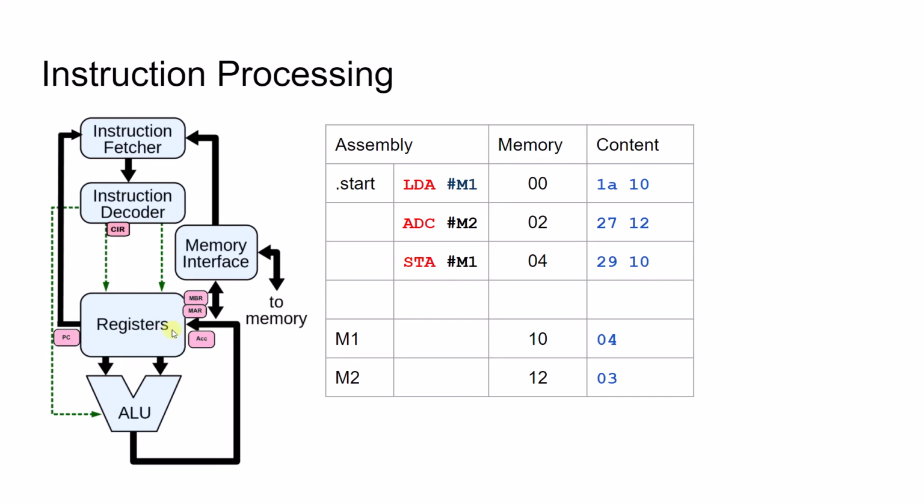So take the address 10, set that up as being the address register. And then when it comes into here, it says take whatever's in the accumulator, put it into the memory bus register, and that will then store it into the memory. So those are the pieces of the program.